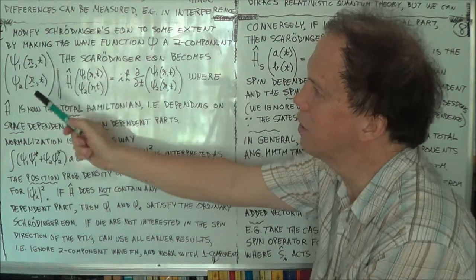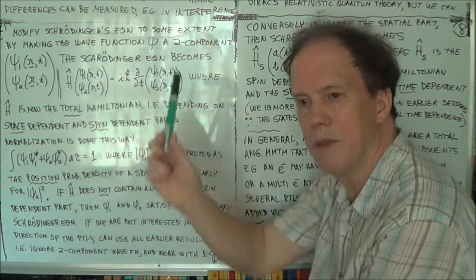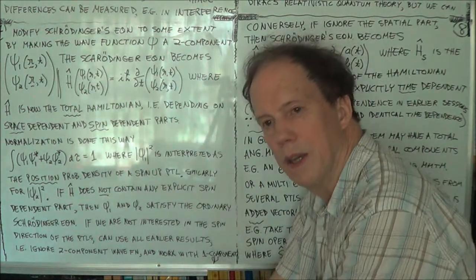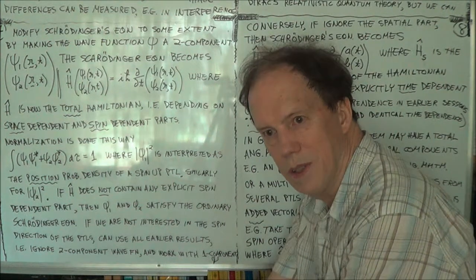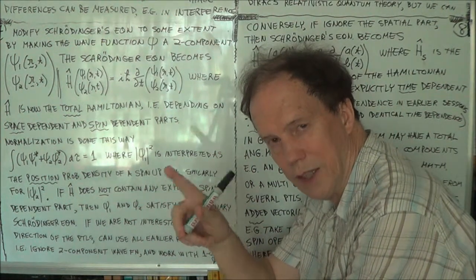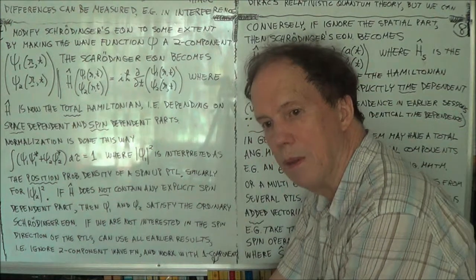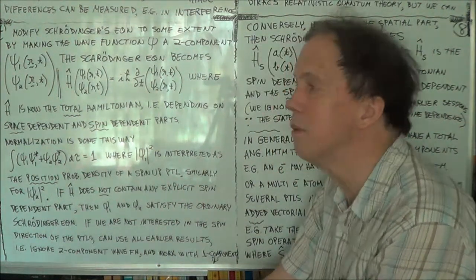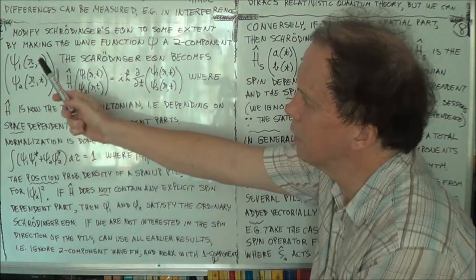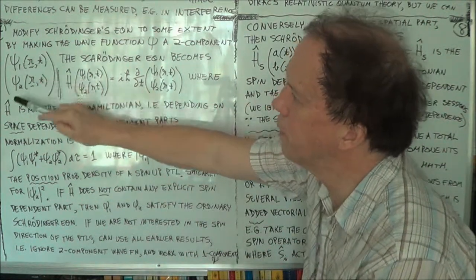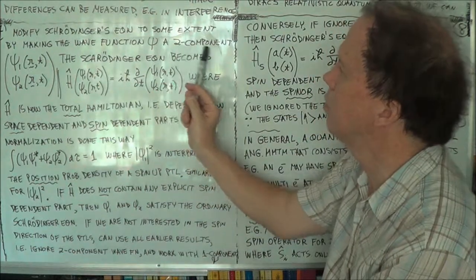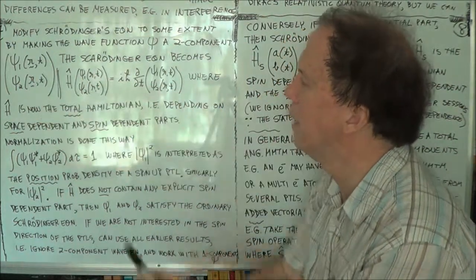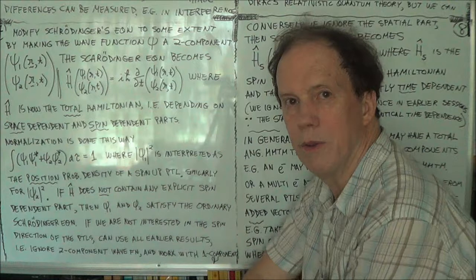So here's a suggestion. We're trying now to find a Schrödinger equation that deals not only with the position vector r of the particle, but also the spin. The suggestion is let your wave function now be a two-component wave function. What's the motivation behind that?